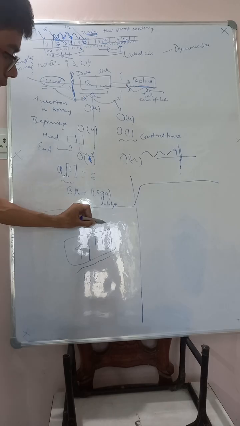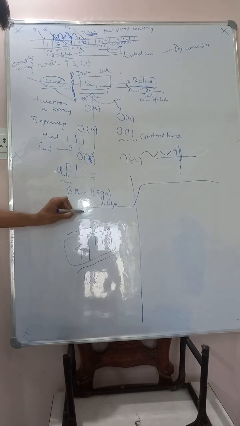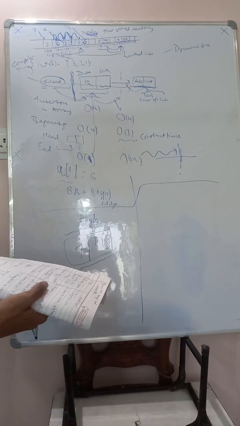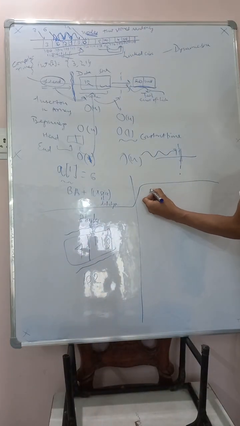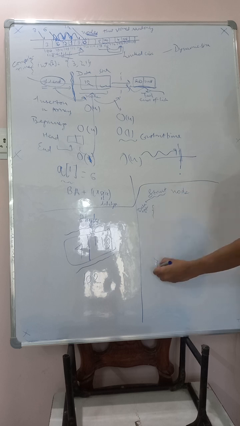The size allocated to memory for this node will be 4 plus 4, 8 bytes, and my code will be like this, right? I will write here first struct, this is my data type for node, name of node, right?